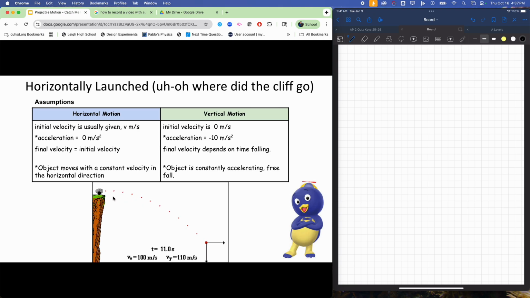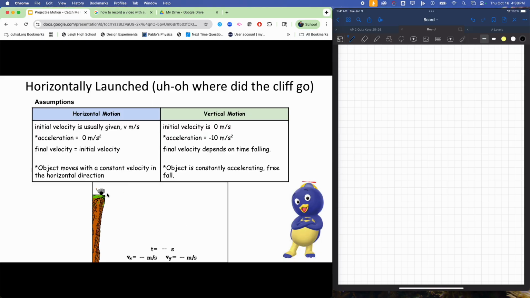As you look at this animation, once the cannon stops pushing on the ball horizontally, there's no other force, nothing pushing or pulling it horizontally to cause it to change its horizontal motion. Next unit we're going to say there's no other force, especially because we're ignoring air resistance. So if the acceleration is 0, that means the initial velocity and the final velocity are the same, hence the constant velocity notion.